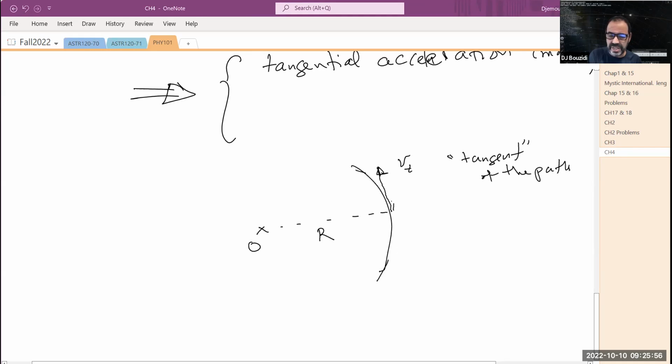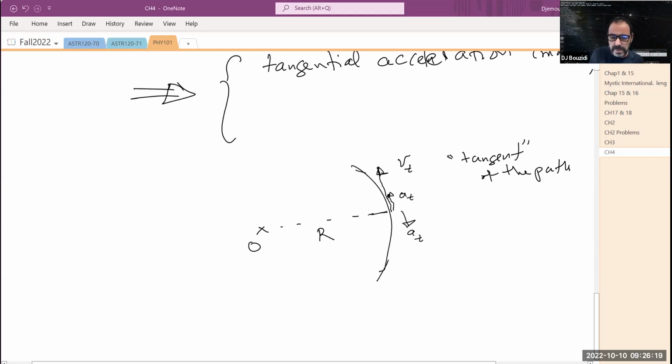There is an acceleration in here along the tangent, which could result in the velocity increasing in value, as I represented in here, or it could be in the opposite direction, where the velocity is actually decreasing. So a_T could be in the same direction as v_T, or opposite to it, resulting in gaining more speed or losing more speed.